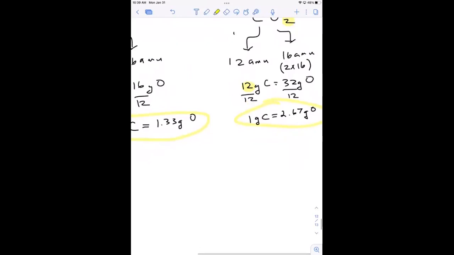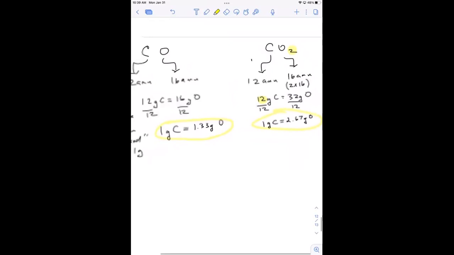Now, in order to find out if the law of multiple proportions is true, I need to compare the mass from CO2 to the mass from CO, the masses of oxygen, because the law says that if we have a fixed mass of the first atom, the ratios of the second atom should give me some small whole number ratio, right?